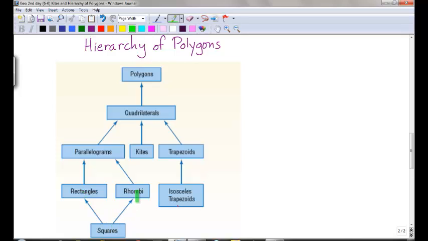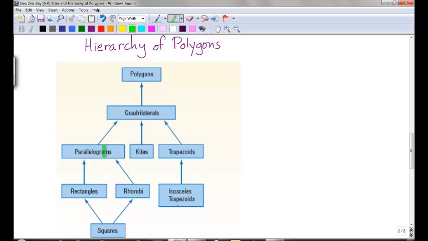One arrow goes to rhombi. So even there I could say, is every square a rectangle? Could be a rhombus, right? Then come up from rectangles and go to parallelograms.